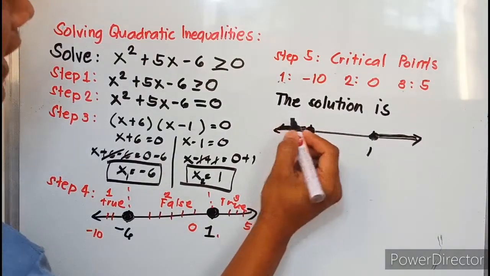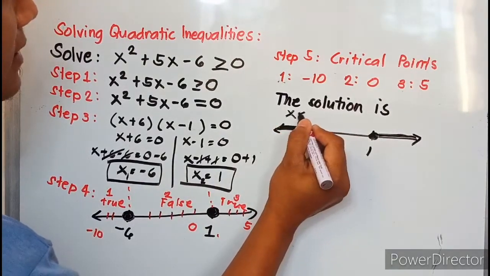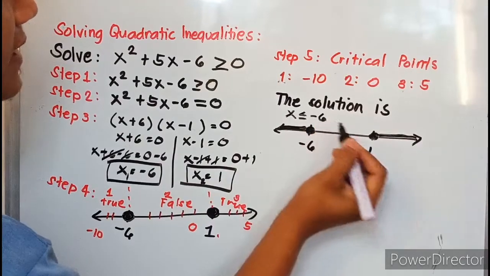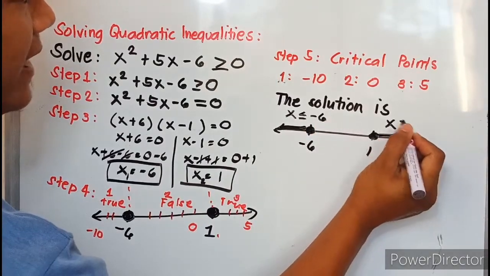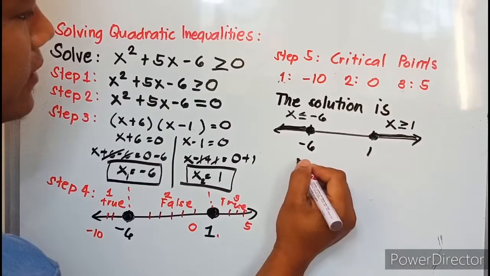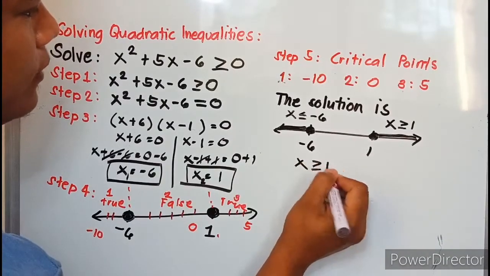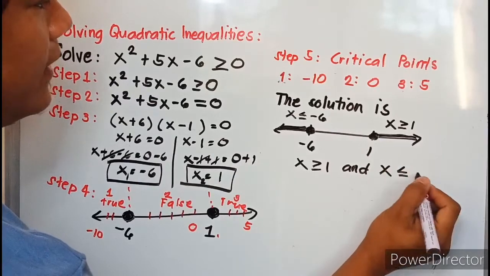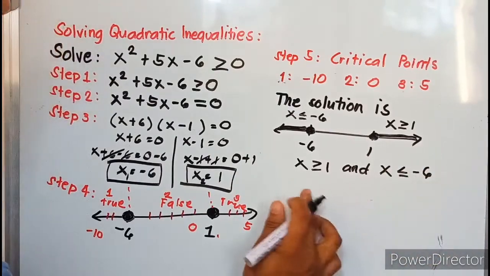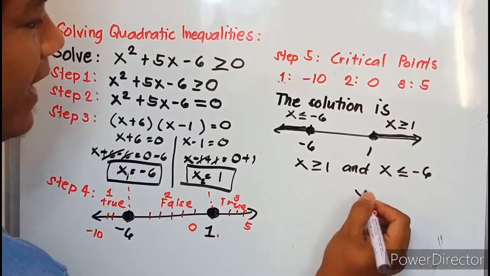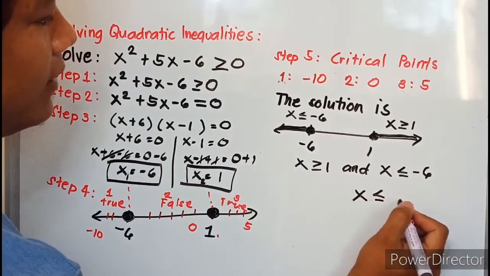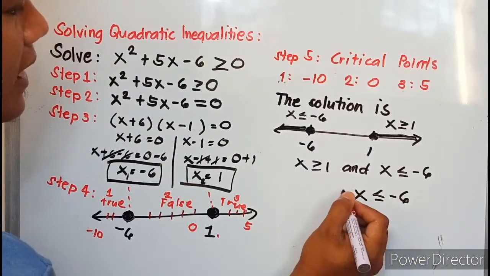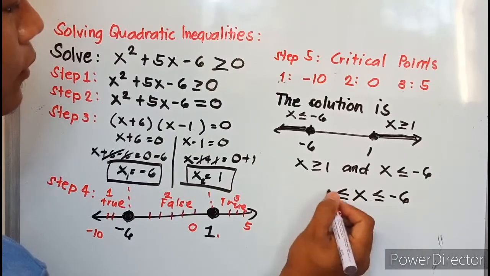So we have x is less than or equal to negative 6, and x is greater than or equal to 1. Pagsasamahin natin siya, so we have x is less than or equal to negative 6, or greater than or equal to 1.